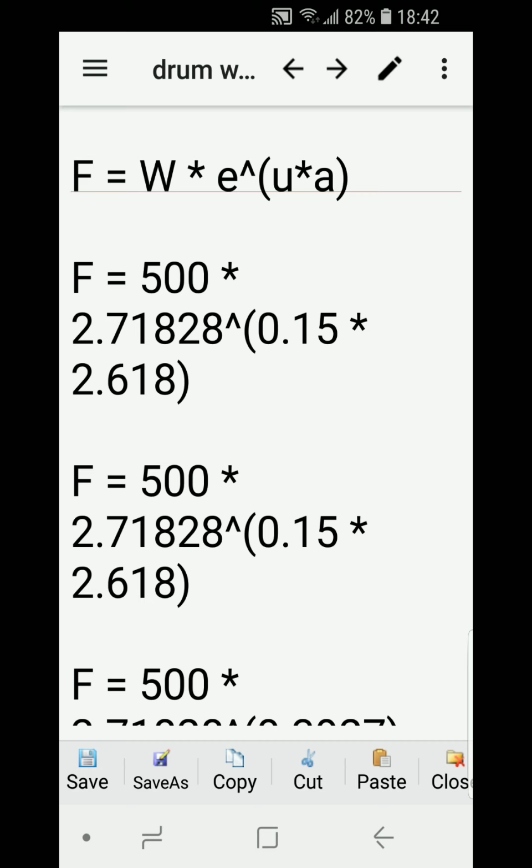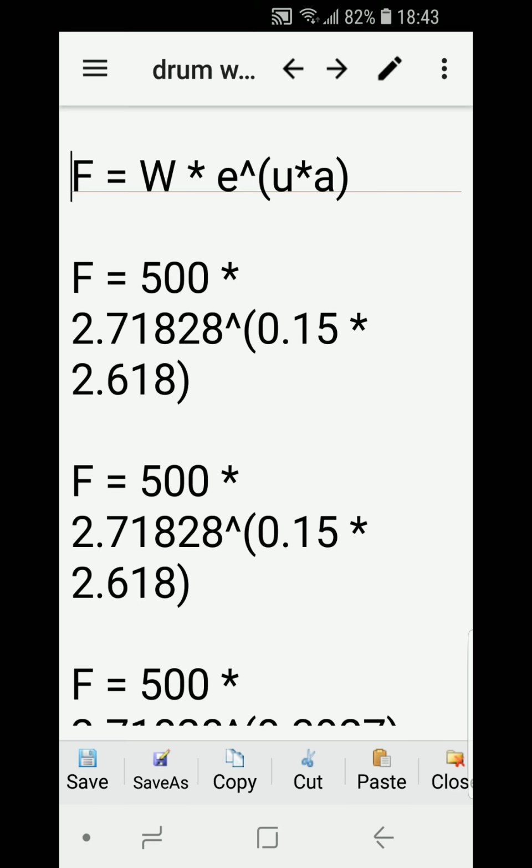F is equal to 500 times 2.71828, that's the e, the natural number, to the power of the quantity 0.15, which is the coefficient of friction, times 2.618 radians.